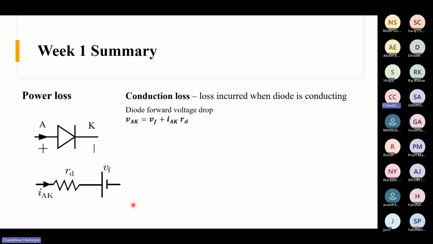So this is the equivalent model of a practical diode. Along with the resistance, there is a voltage source, which is basically the threshold or the knee voltage, and current flows from here to here. This is the diode symbol, and the diode we can represent like this. Understood?